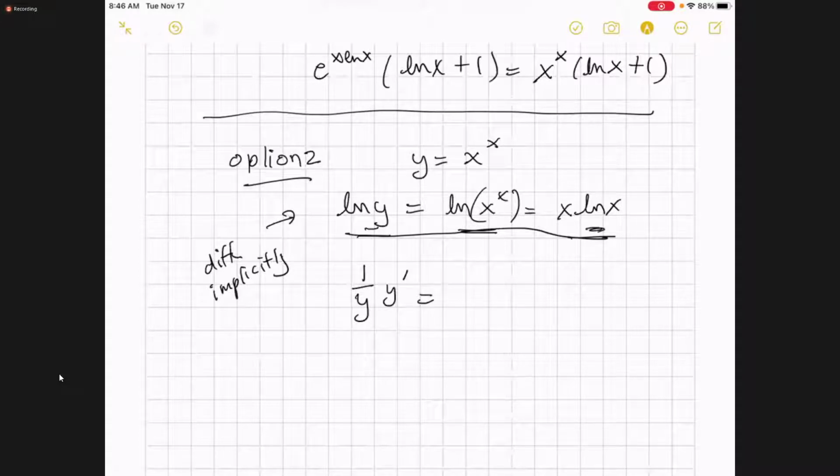The derivative of the right side, by the product rule, is 1 times ln x plus x times 1 over x, same as above: ln x plus 1.